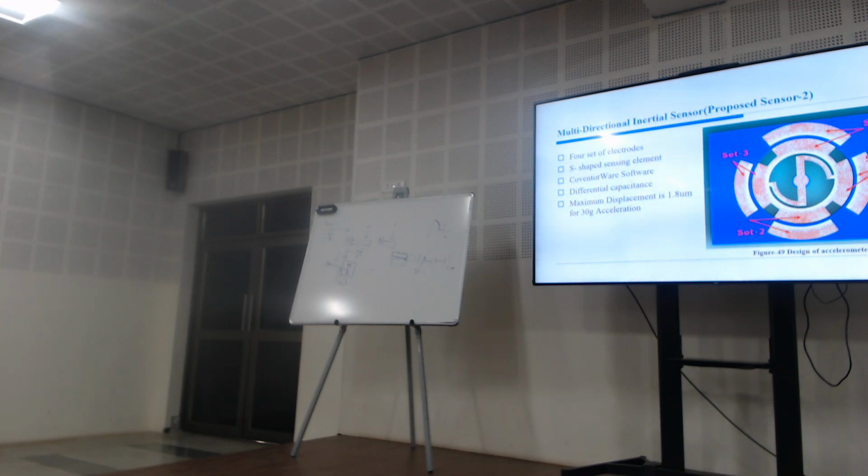The advantage of CoventorWare is that whenever we design, it is directly shown like a fabricated design. See, this is my substrate and top layer. Is it commercial software or free? Commercial only, not freeware. Compared to COMSOL, CoventorWare is costly.